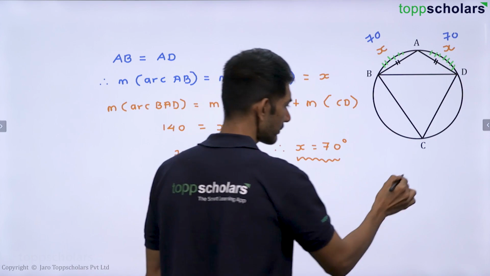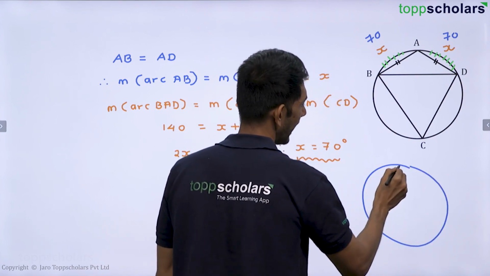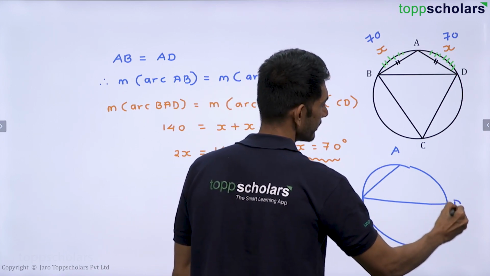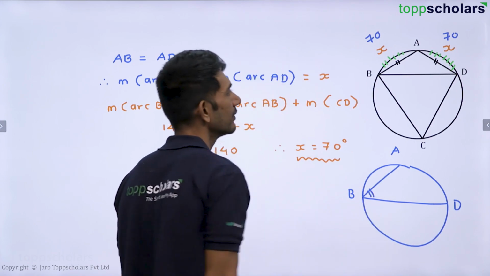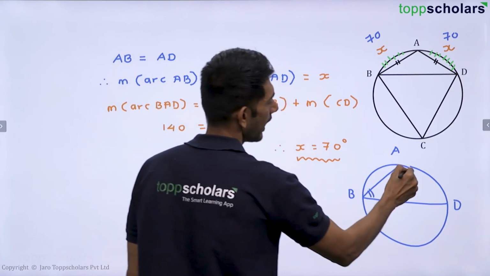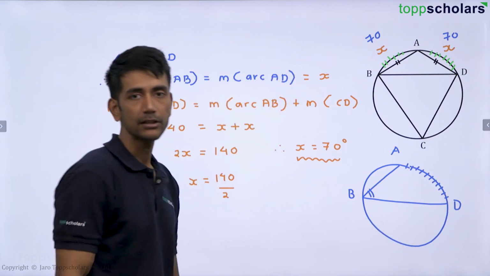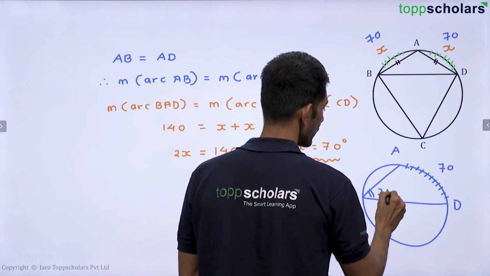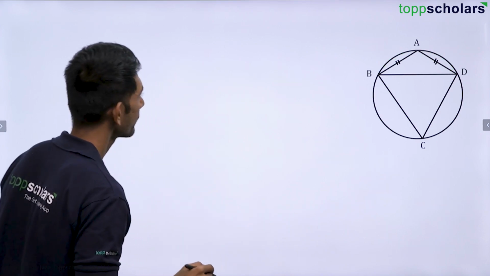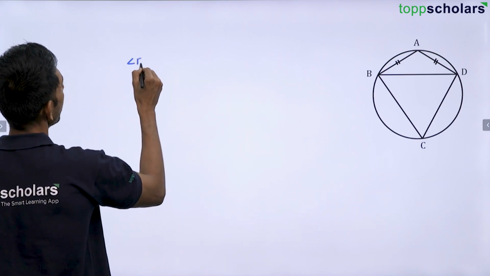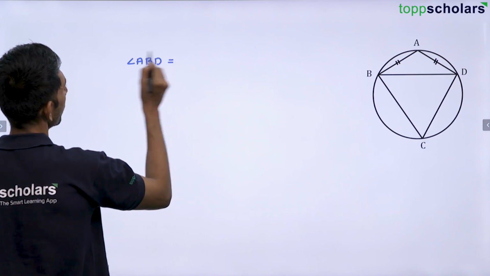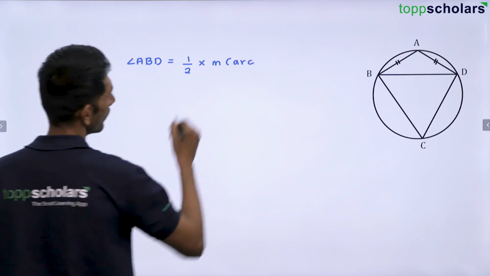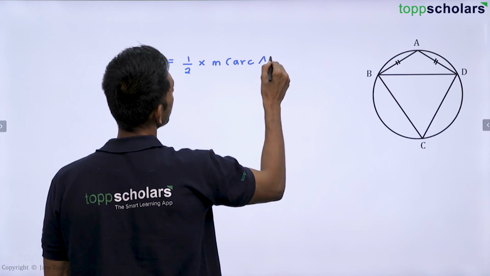Now understand. Now we have a circle and we have this angle ABD. We have A, we have B, we have D. Correct? So what will be this angle? Can I say this will be half of the intercepted arc by inscribed angle theorem, and if this is 70 degrees, this angle is half of 70, which is 35 degrees. So now can I say that angle ABD is equal to half of measure of arc AD.